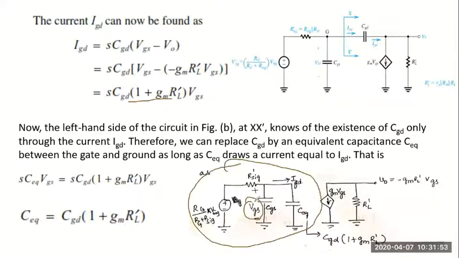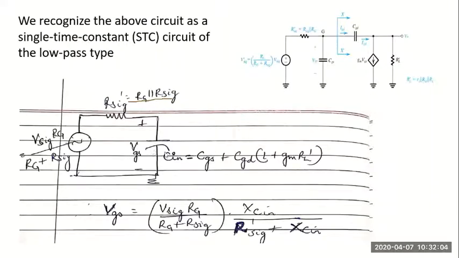So the equivalent capacitance of these two, I'll call it C in, and C in is CGS plus C equivalent, as shown here. The C equivalent value is CGD into 1 plus GM RL dash.